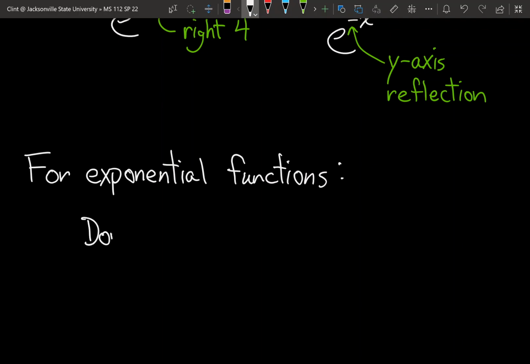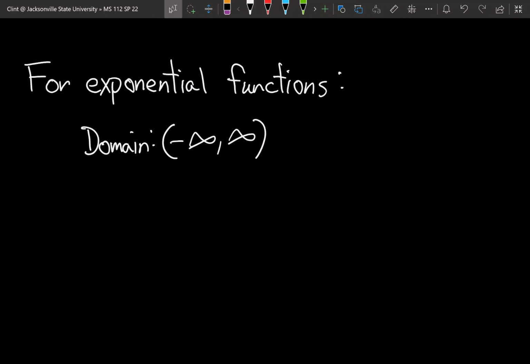The domain: we can use any x value, so the domain is negative infinity to infinity. And if our graph hasn't been flipped, like just b to the x, then for our range, remember we've got a horizontal asymptote at y equals 0.